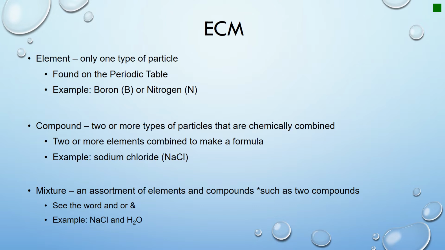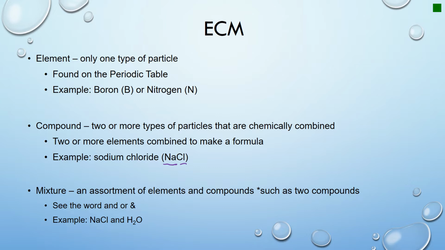A compound is two or more types of particles that are chemically combined. Okay, so two or more elements that are combined to make a formula. So if you see a formula like Na and Cl, that would be considered a compound because you have two different elements that are bonded together.